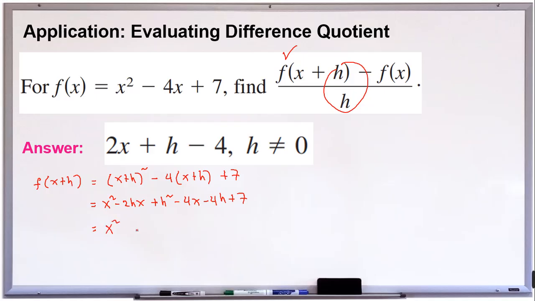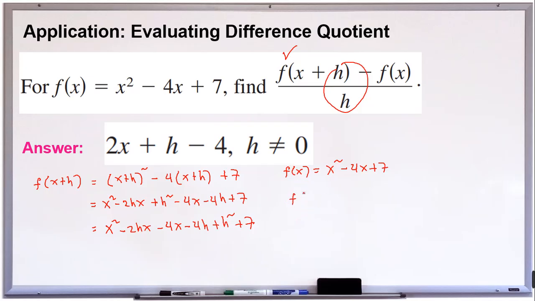We have x squared minus 2hx minus 4x minus 4h plus h squared plus 7. How about the given function f of x, or simply just copy this one, x squared minus 4x plus 7. So the next step is we're going to substitute this to our expression.